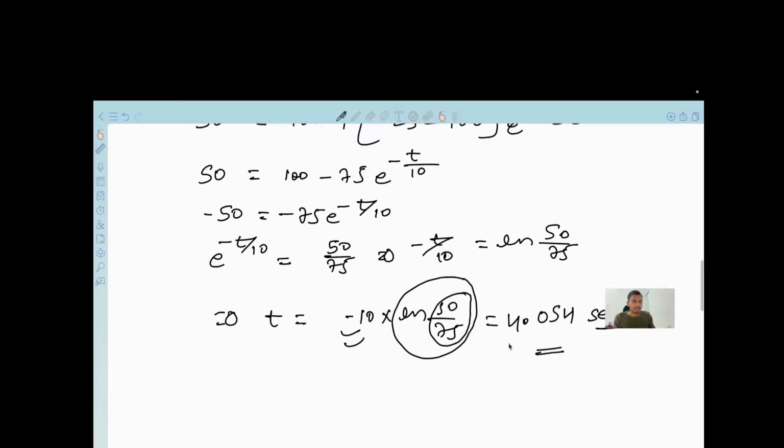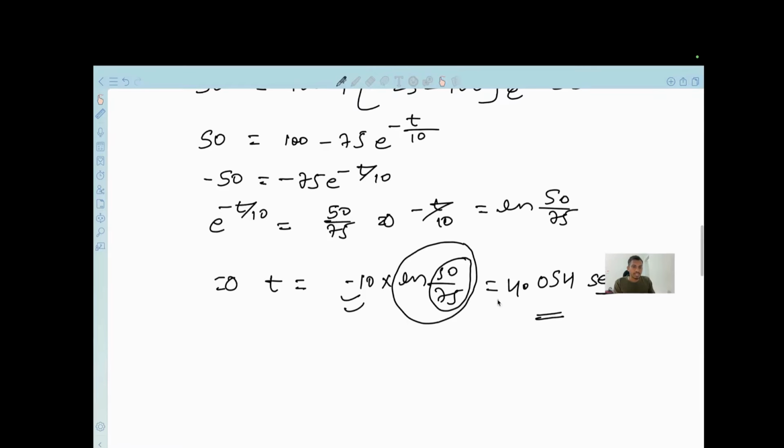So after the switch turns on, after about 4 seconds, the capacitor will reach the voltage of 50 volt. Thank you.